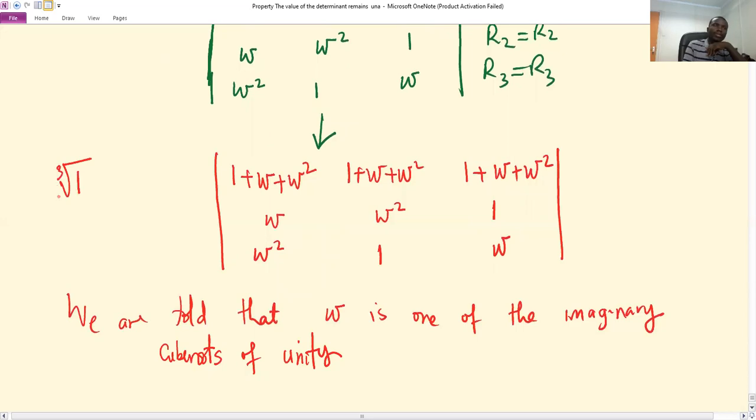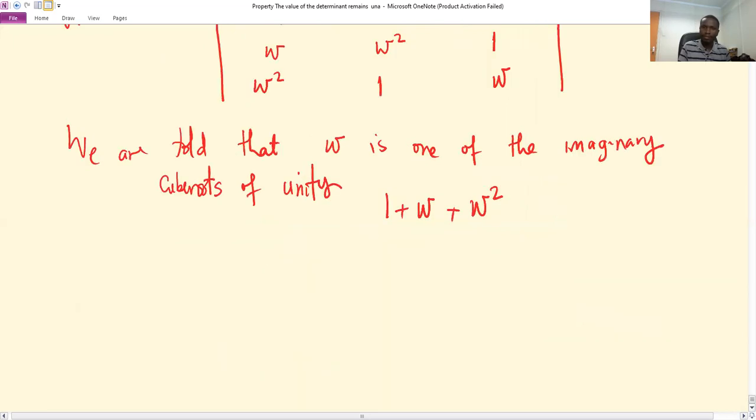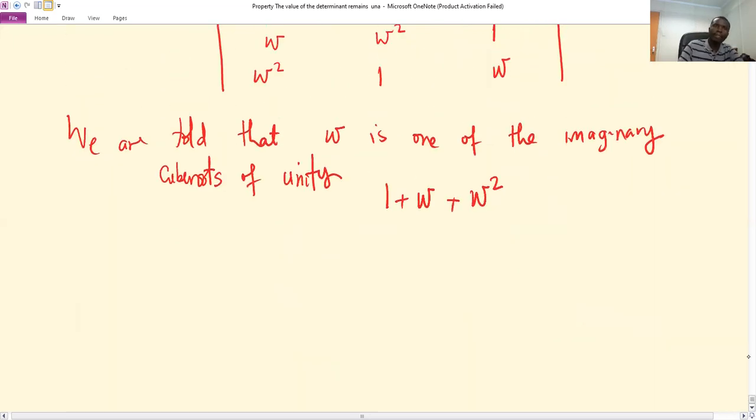Cube root of unity means cube root of 1. So remember, when we have omega squared, 1 plus omega squared, we need to find the cube root of 1.